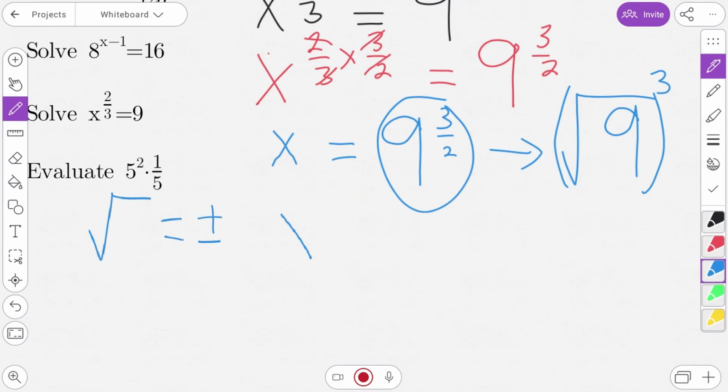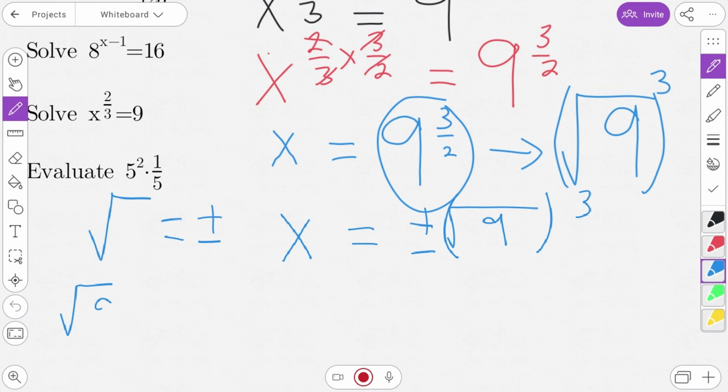So now with this, the root gives us a positive or negative answer. So plus or minus root of 9 raised to an exponent of 3. So what you are going to get will be root of 9, which is 3. So x will be equal to 3 raised to an exponent of 3.